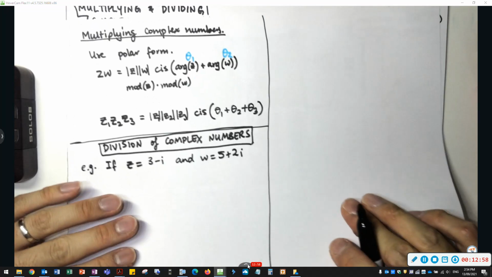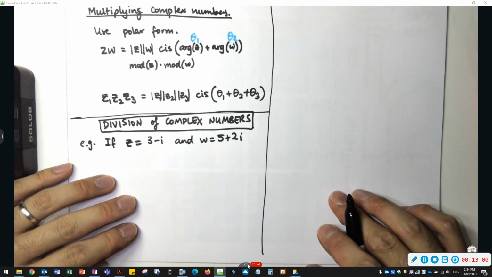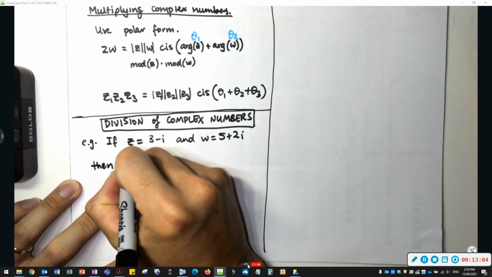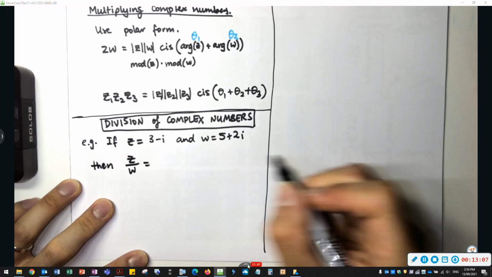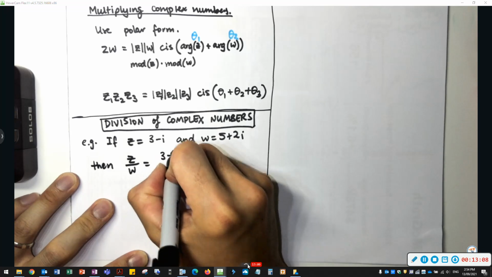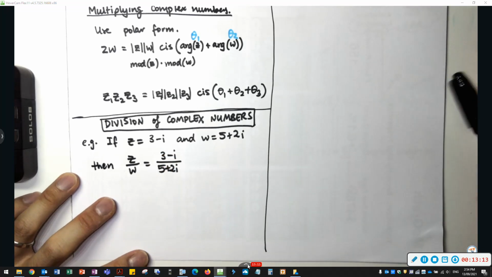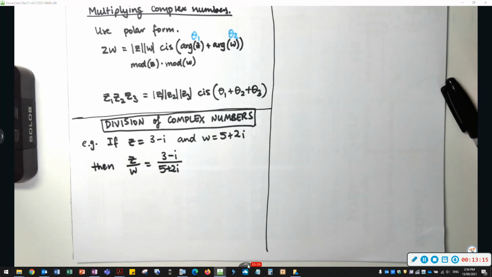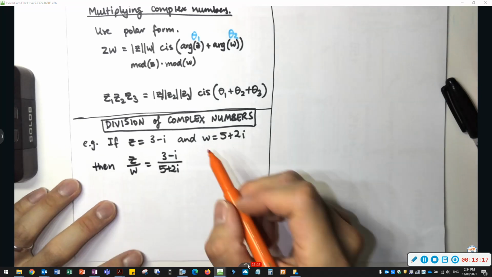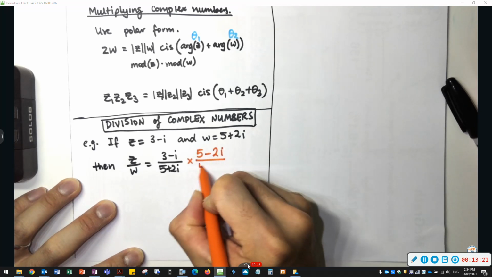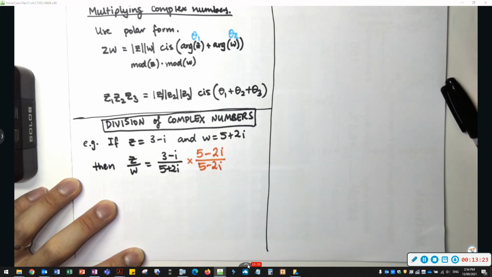Alright, this time let's do z divided by w. So we're going to write 3 minus i over 5 plus 2i. Now you could leave your answer like that, but it's not good to have an imaginary value on the denominator. So we multiply by the conjugate. So we multiply by 5 minus 2i over 5 minus 2i.